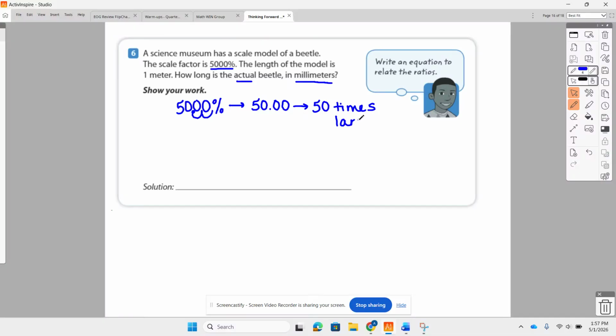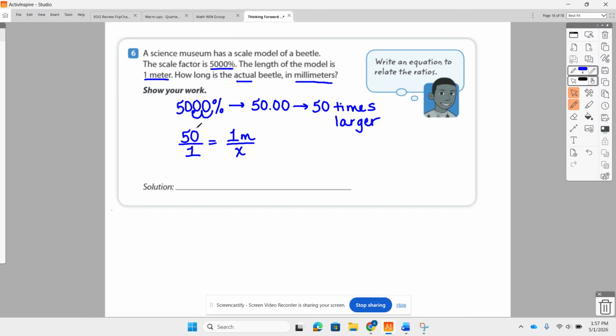So we can use that to set up a little proportion. So if it's a 50 to 1 relationship, we're trying to figure out if our original is 1 meter, what would it be as an actual beetle or in real life?